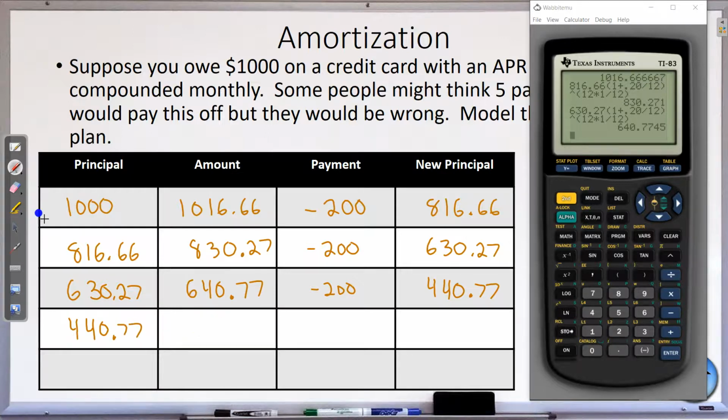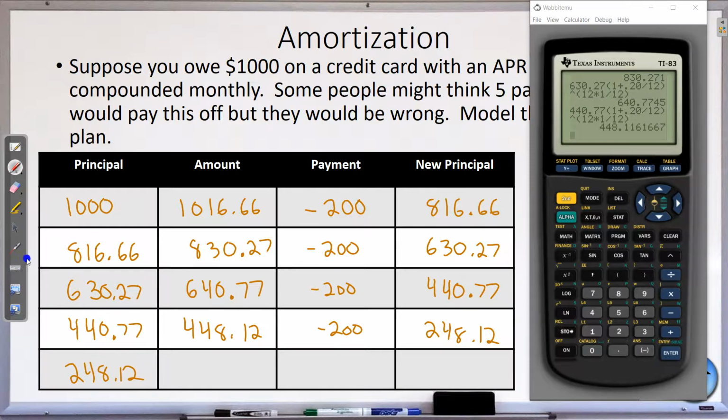And we have to do our interest again. So second, enter. So now we only owe 440 and 77 cents. But that goes up now to 448, and let's call that 12 cents, minus 200, and we're at 248 and 12 cents. So that gets carried over.